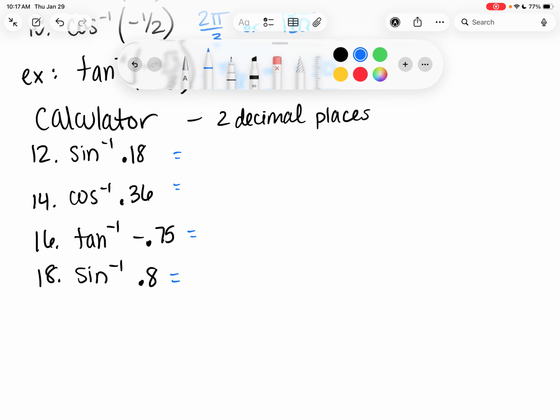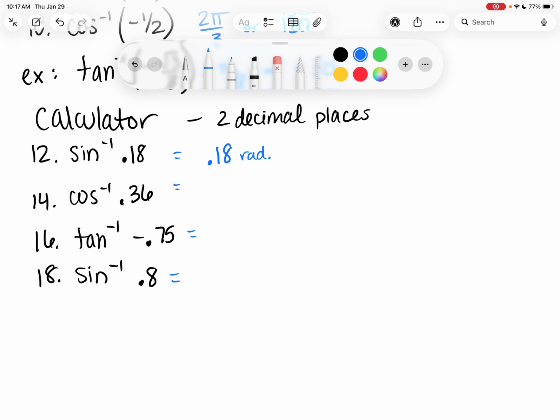And so that ends up being a radian value of 0.18. And you need to put units on these because they aren't clear what they are, obviously. Then I do the same thing for cosine, hit second cosine, and then 0.36. I get 1.20 radians.